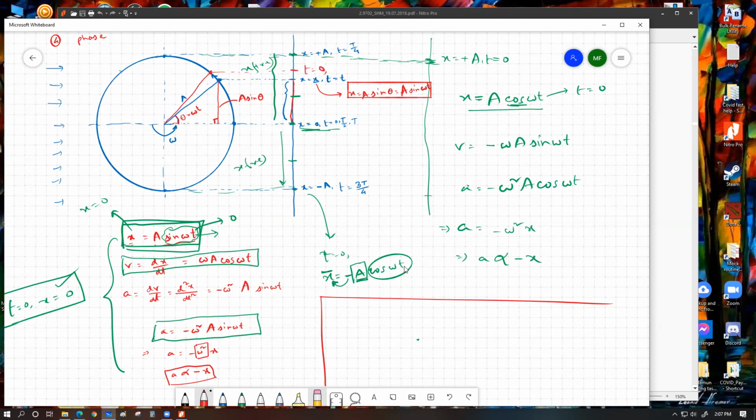There are two different ways. Let's say at this position, when you are considering t equals to 0, the angle it makes with the equilibrium position is, let's say, alpha. Let's say this red angle is alpha, which means this is now alpha angle away from the 0 degree. So in this case, the displacement can be expressed as a sine omega t plus alpha.